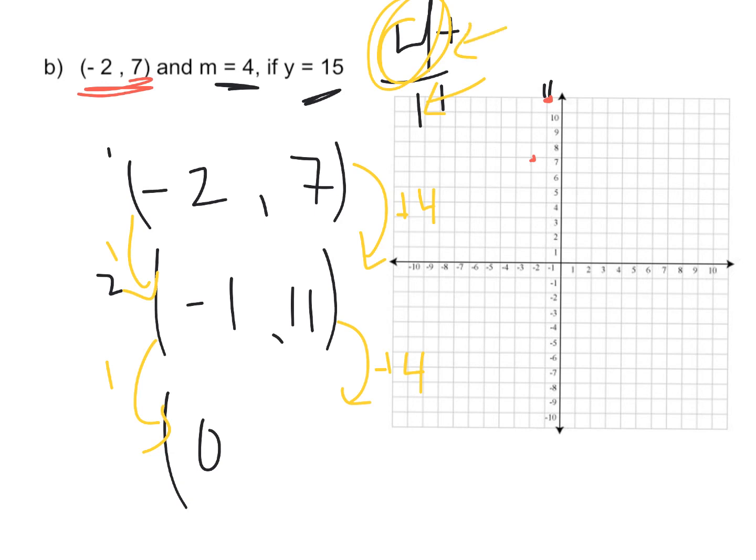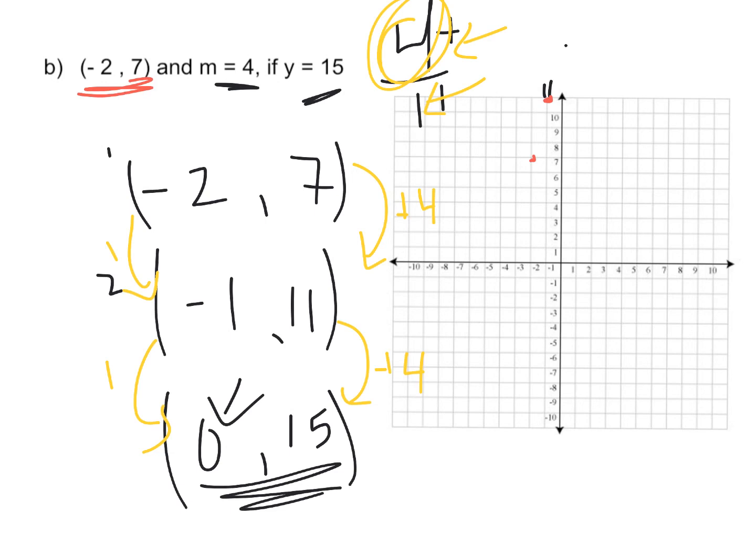And 11 plus 4 gets me to, oh my goodness, look, a y value of 15. So in this situation, x is 0. That's another way you can do it, where you just take the slope and apply it. If we had enough graph paper, it would be somewhere around there, and that would be 11.